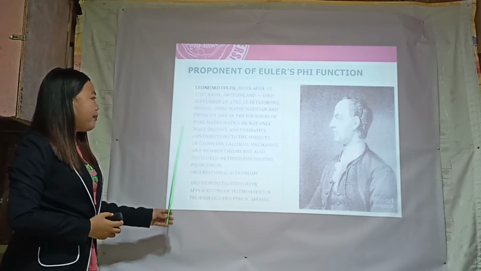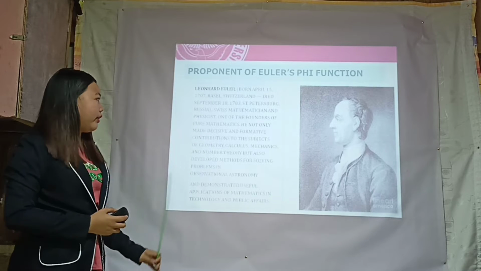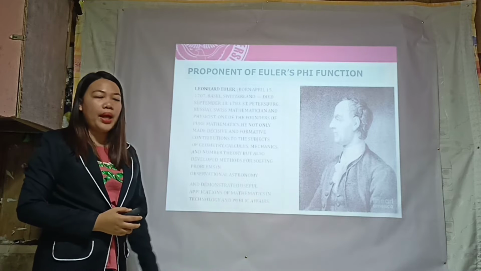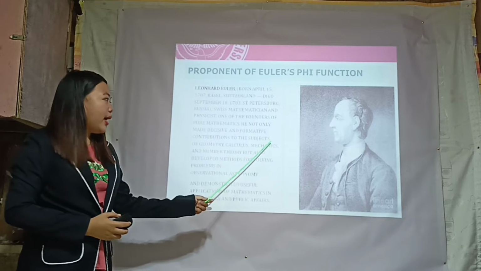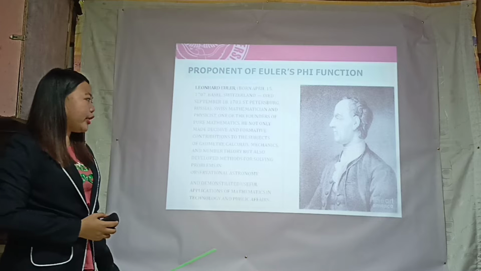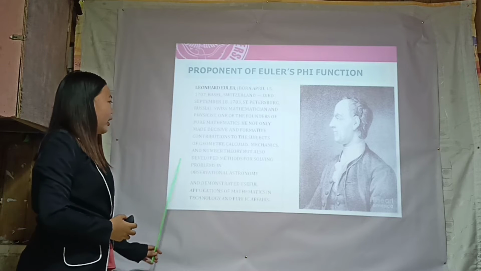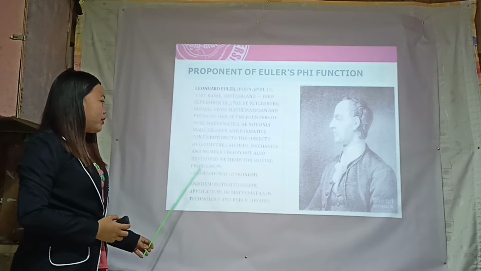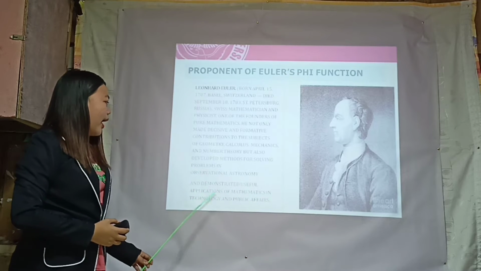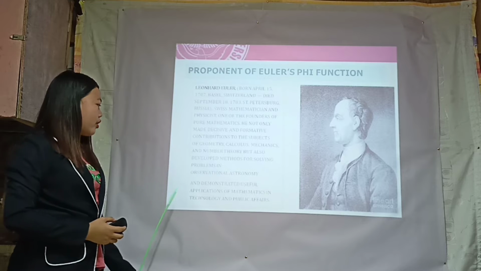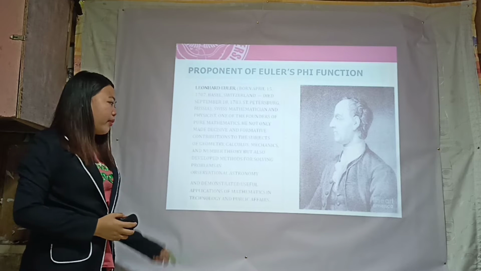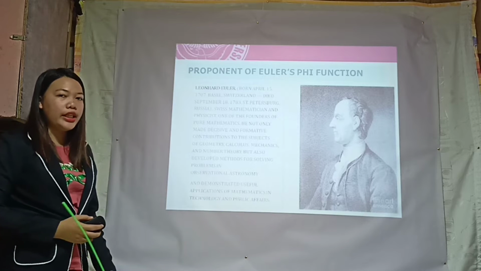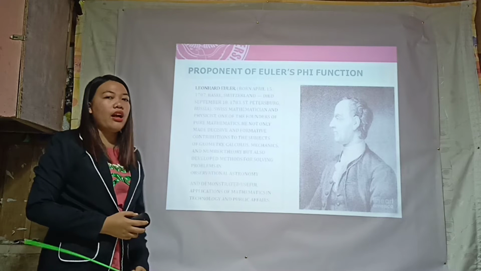He has not only made decisive and formative contributions to the subjects of geometry, calculus, mechanics, and number theory, but also developed methods for solving problems in observational astronomy and demonstrated useful application of mathematics in technology and public affairs.